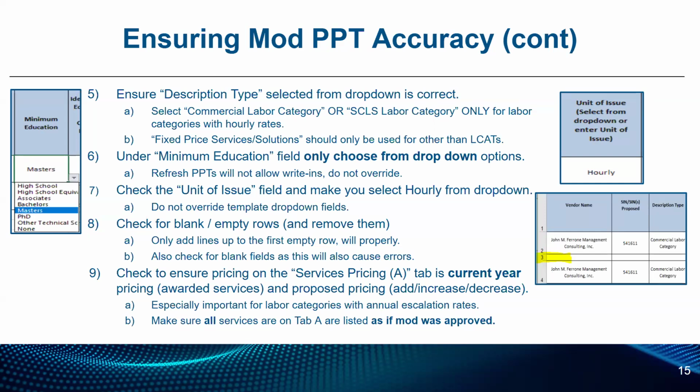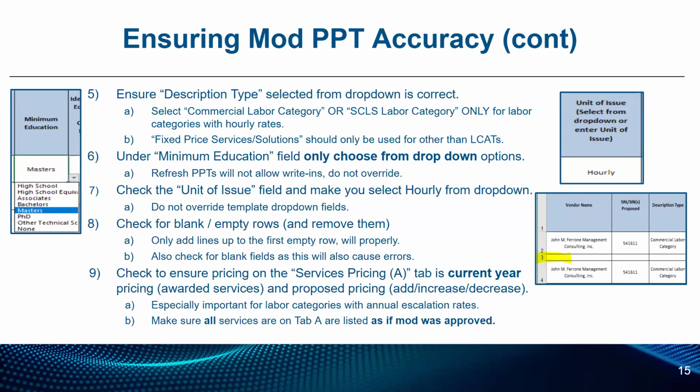If it's an SCLS labor category, services contract labor standards, you use the SCLS dropdown. You only use the fixed price services solution tabs, drop down for fixed price services or solutions. Very, very, very important. Under your minimum education, despite any desire to override it, do not override it. Choose from the drop downs.